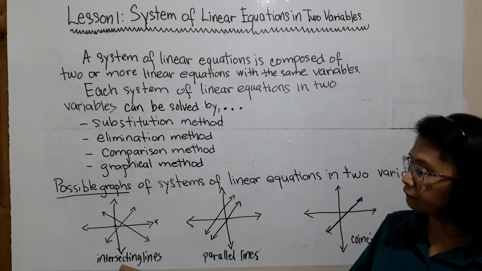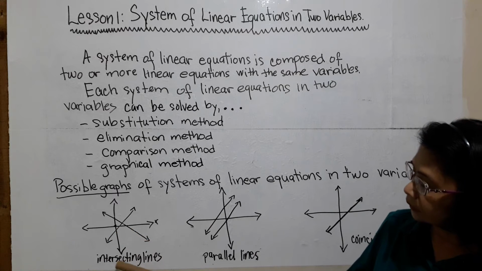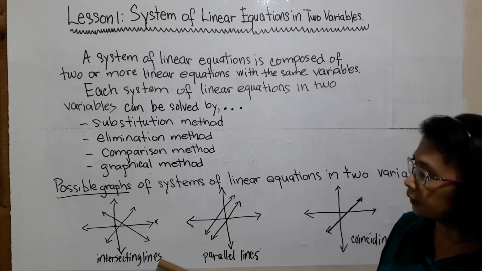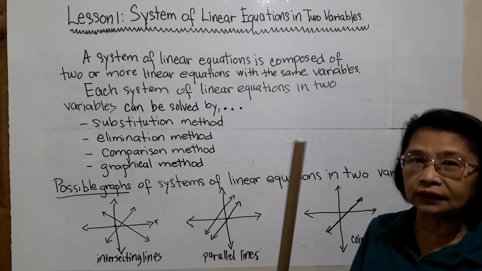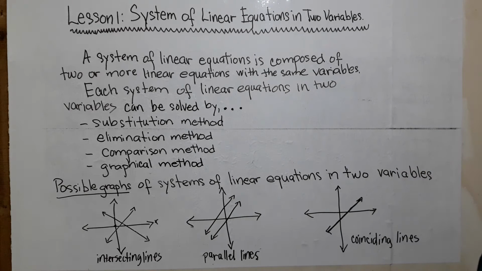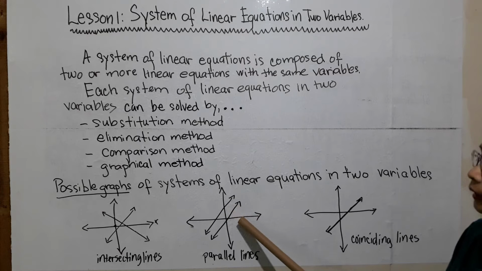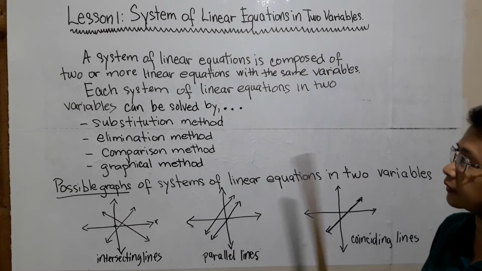If the graph looks like this, intersecting lines, this means there is only one solution in the system of linear equations. But if the graph of the system is parallel lines, this means that there is no solution to the given system.